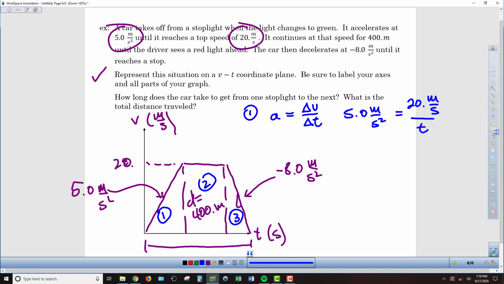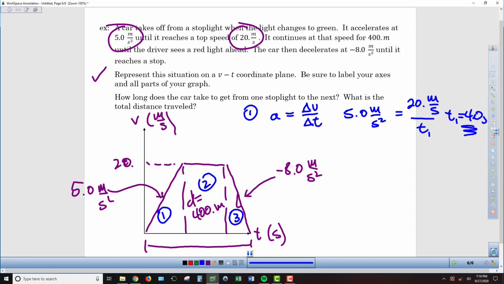And it's the time of this first segment that we have to try to figure out. So if we solve, hopefully without too much difficulty, we're going to find that the period of time here is 4.0 seconds. Just swap the t1 and the 5 meters per second squared, divide 20 by 5, and we get that 4. So that's our time for that first segment.